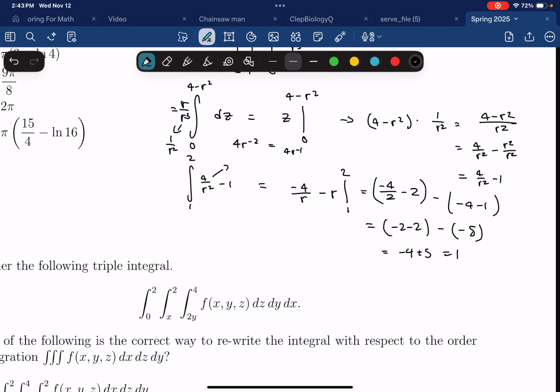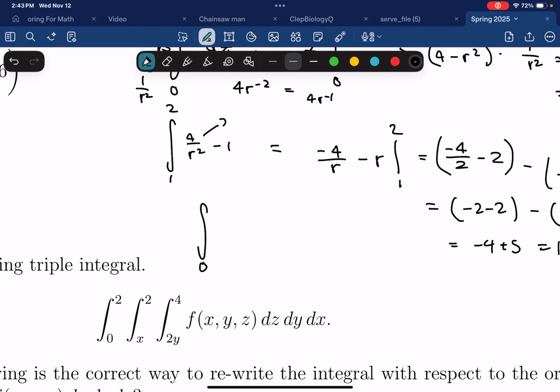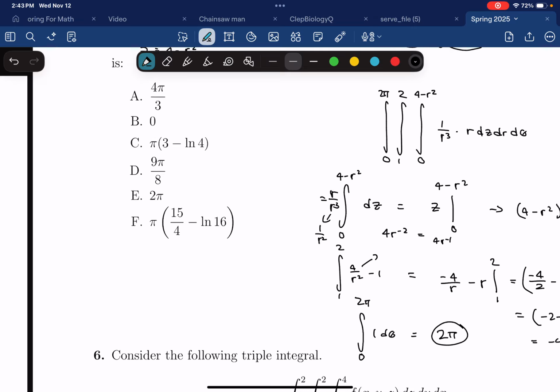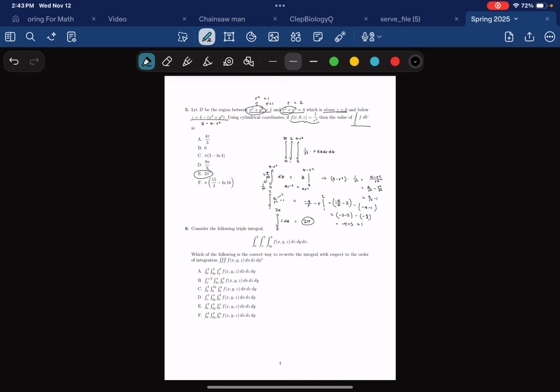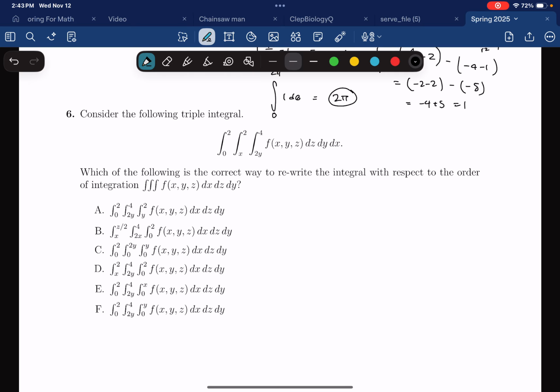And then from 0 to 2 pi of 1 d theta simply gets us 2 pi. So our answer is E, which is 2 pi. That is correct.